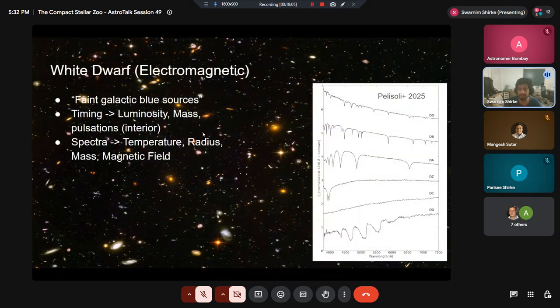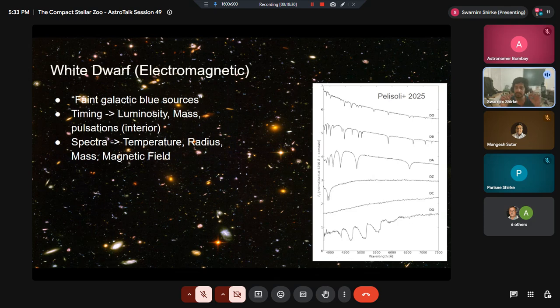To talk about the electromagnetic observations, white dwarfs are basically white dots, and they mostly shine in visible and UV, and they appear as galactic sources. But if you know the distance, this is what is also done by recent missions like Gaia. It calculates the parallax.